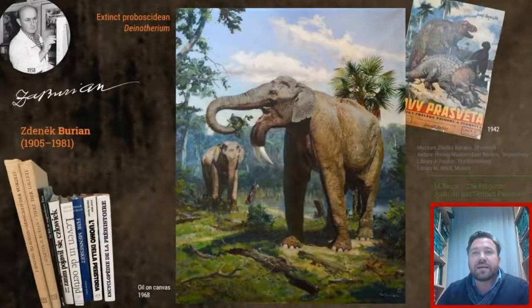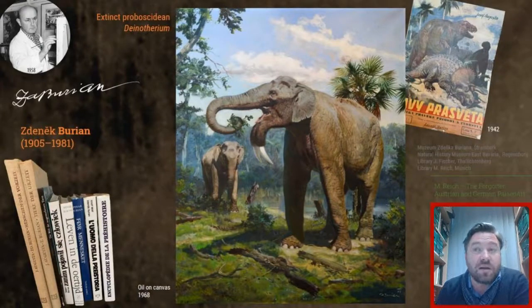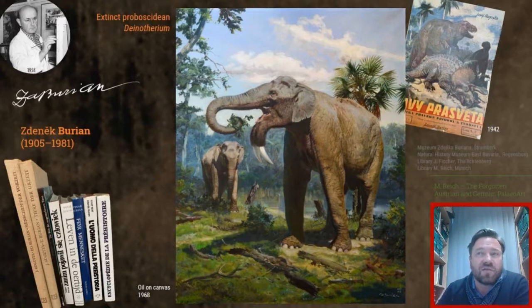Othenio Abel and Franz Rubal clearly influenced another important Palaeoart performer of the second half of the 20th century, Zdeněk Burian. Zdeněk Burian was born in 1905 in Moravia, at that time also part of Austro-Hungary. He started as an illustrator, but later he also collaborated with professional paleontologists, namely Josef Augusta and Zdeněk Spinar in Prague.